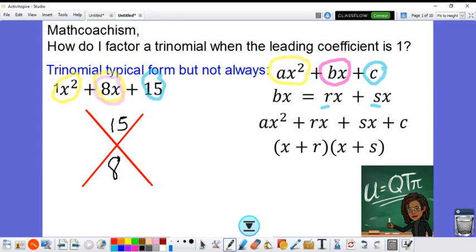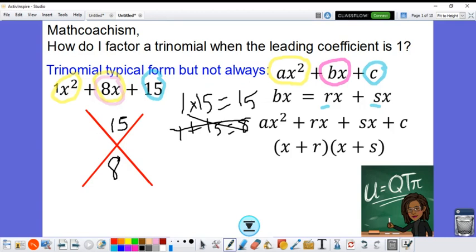So we need to think about what 2 factors when multiplied together give us 15. Well, we know that 1 times 15 is 15, but 1 plus 15 is not 8. So that's not going to work. It's 16. So what are other factors of 15 that can give us 8?